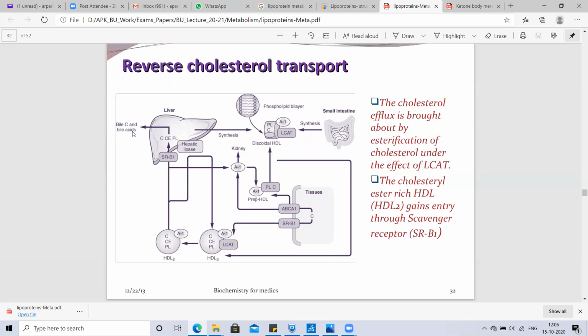So in the liver, bile and bile acids are produced, and basically HDL is present in two forms, HDL2 and HDL3. In HDL2, apolipoprotein A1, cholesterol ester and phospholipid are present, and in HDL3, apart from this apolipoprotein A1, cholesterol, cholesterol ester and phospholipid, LCAT is also present.